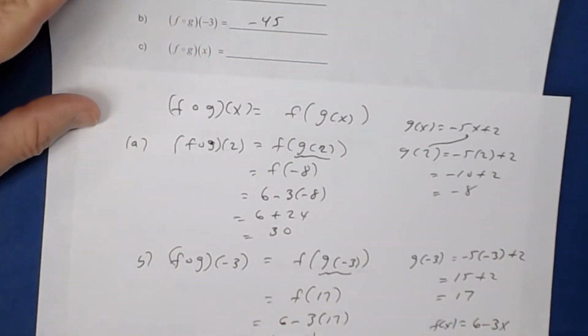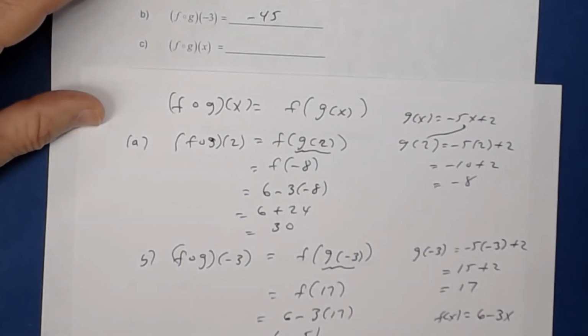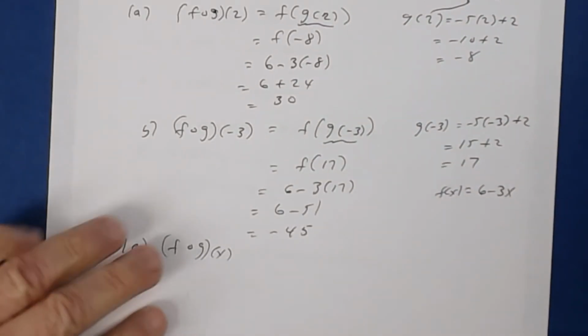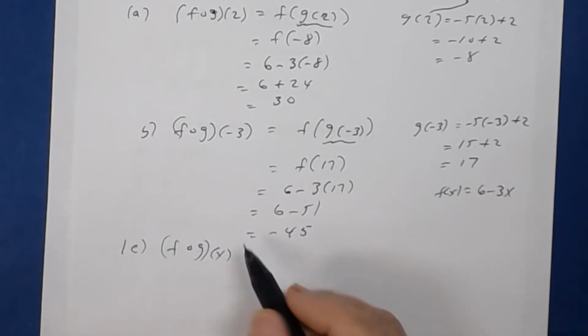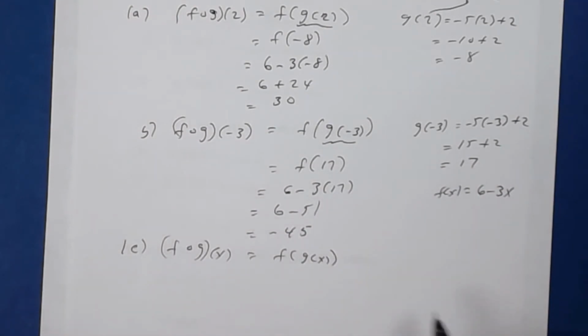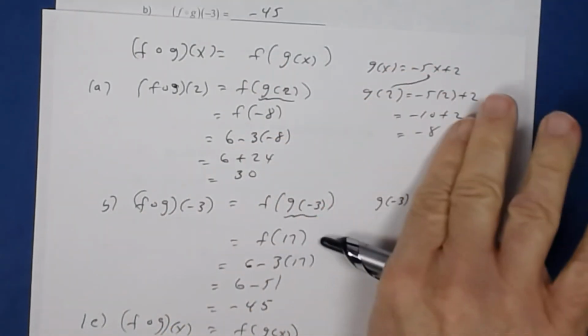In 1c, you want to find f composed with g at x. By definition, that's f of g of x. So I've got to find g of x first. Now I'm going to do this a little bit differently. Remember, to find these, I went off to the side.